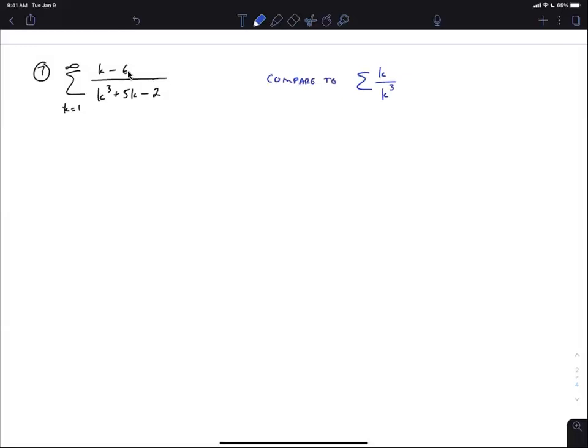We're going to then figure out what this series does. So we simplify it. It's 1 over K squared. What does that do? Does that series over here converge or diverge? Converge. It converges because it's a P series, where P is 2.